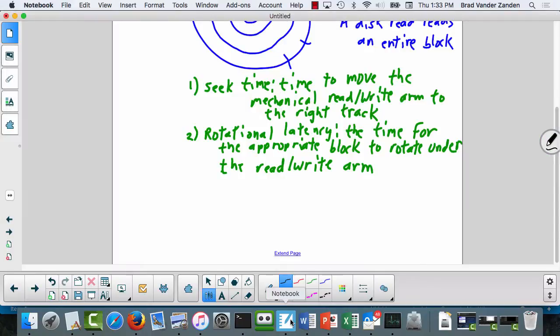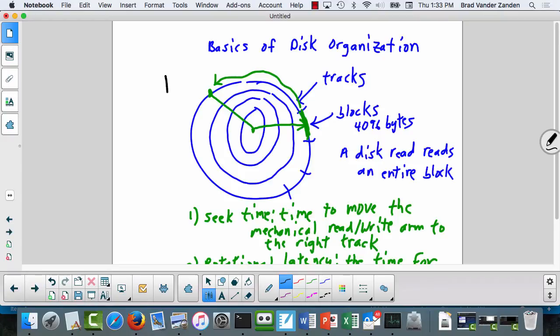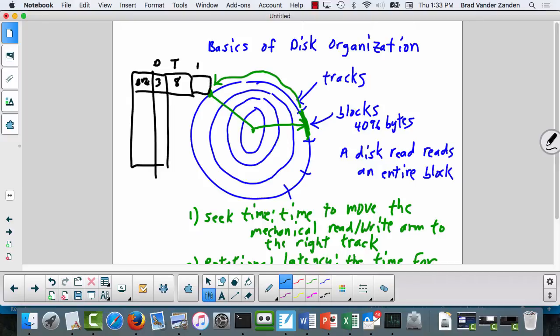And what those look like, conceptually, is you would have, say, BVZ, and you would have something like maybe disk 3, track 8, block 5. Okay, and you might have Nancy with disk 3, track 10, block 2.